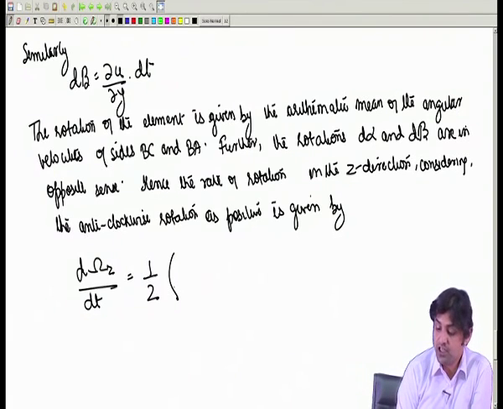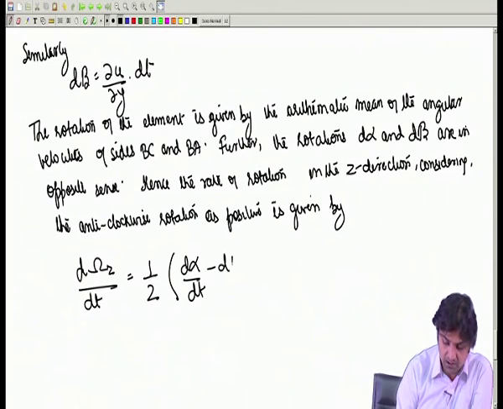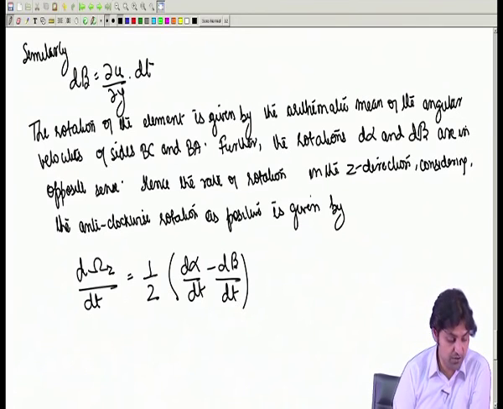The rotation of the element is given by the arithmetic mean of the angular velocities of sides BC and BA, which is half of d alpha by dt minus d beta by dt. Here we have assumed that the anti-clockwise rotation is positive.